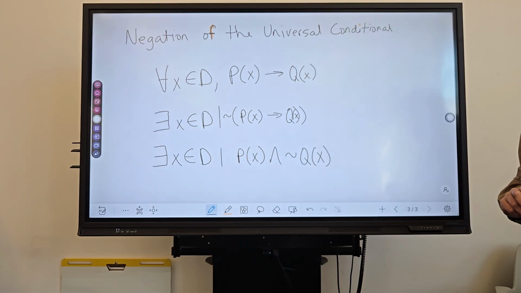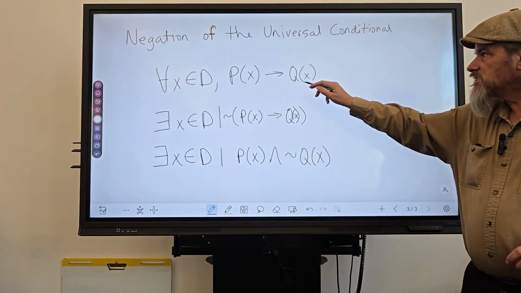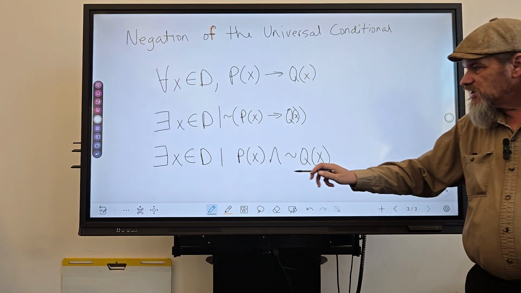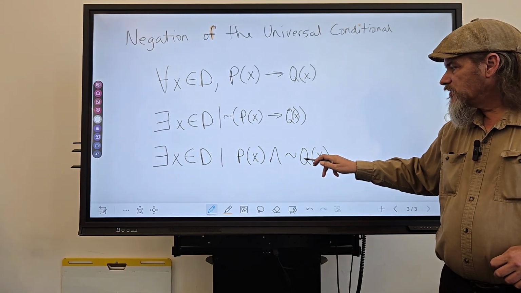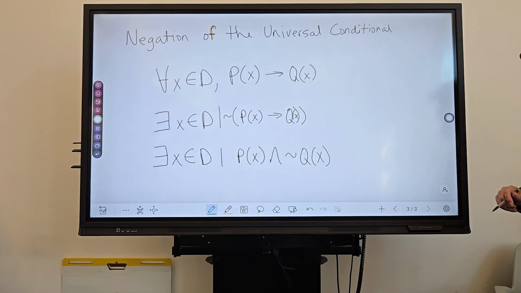So this would be the form of the negation of the universal statement: there exists an element in D such that P of x is true and Q of x is not true.